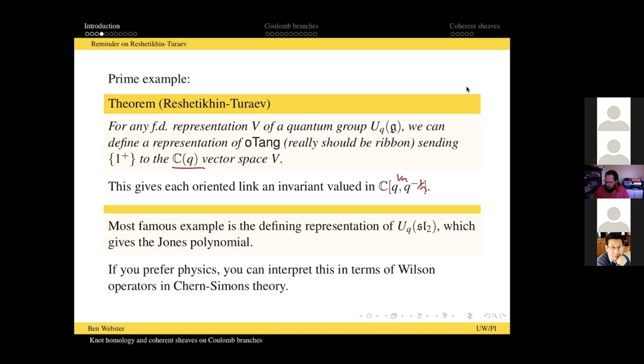And if you prefer physics, you can say a bunch of stuff about Wilson operators and Chern-Simons theory if you want to. This is sort of, at least should have been the inspiration for this. Not sure exactly how all of those things lined up in terms of ideas floating around.